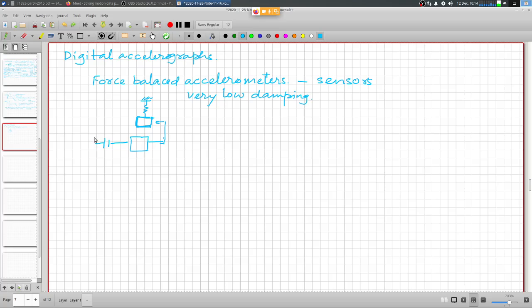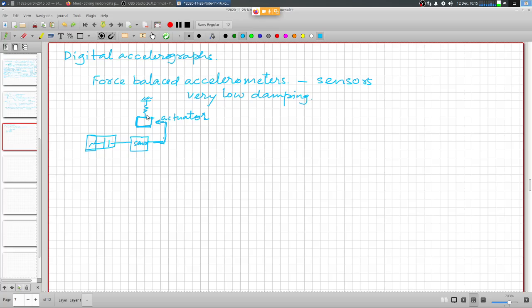There is a power source. And there is a sensor here, because this is kept in an electromagnetic field.